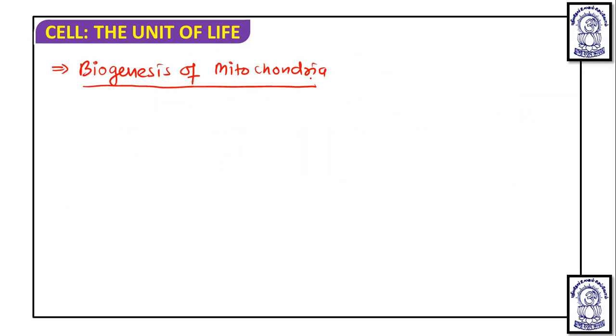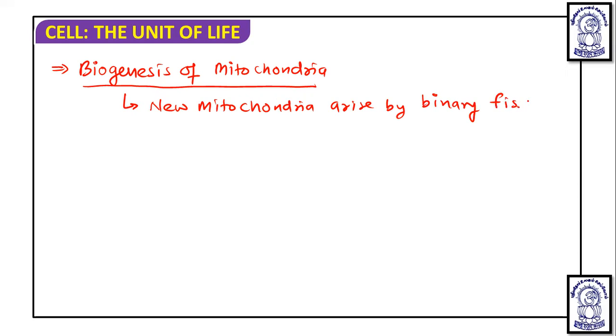We call it the biogenesis of mitochondria. It is known that new mitochondria arise by binary fission of the existing mitochondria, and the binary fission will produce a new mitochondria.